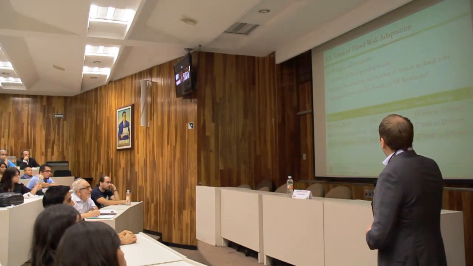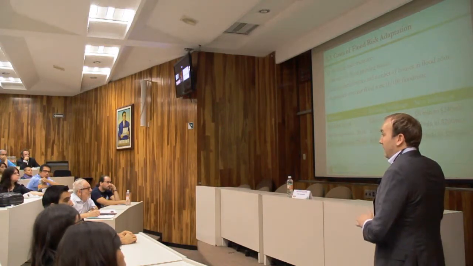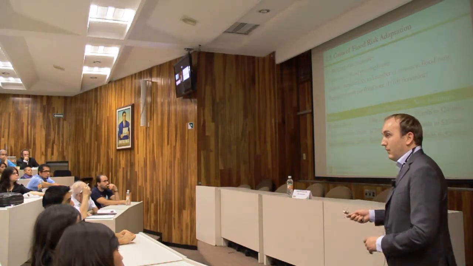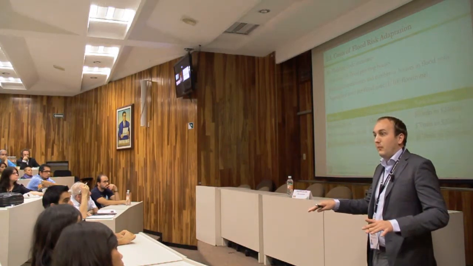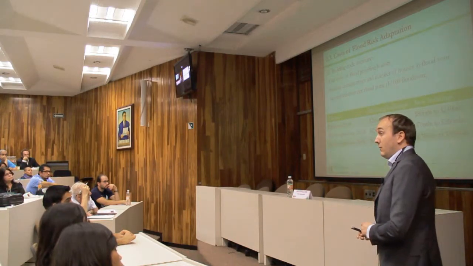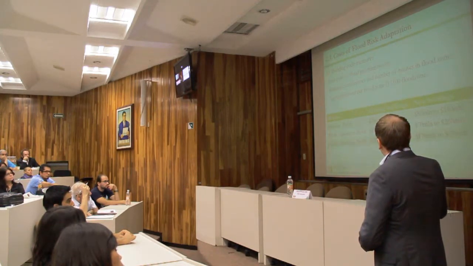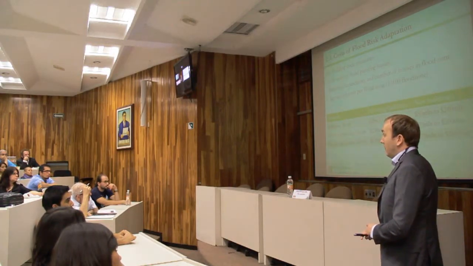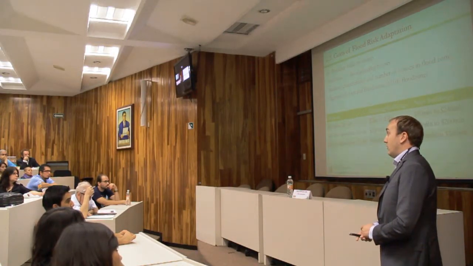So first of all, the elevation of buildings. You can do this for 2 feet or 4 feet or 6 feet. For existing buildings, it will be very expensive because you need to lift up the whole building, build a new foundation underneath it, which is an expensive method. So it would cost between 2 billion and 3 billion US dollars to do that for these buildings that are located in the flood zone.